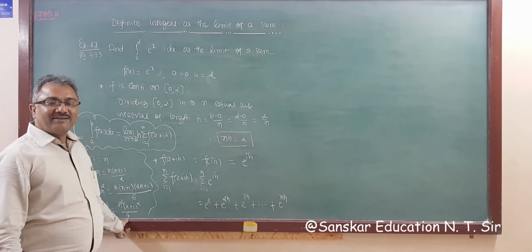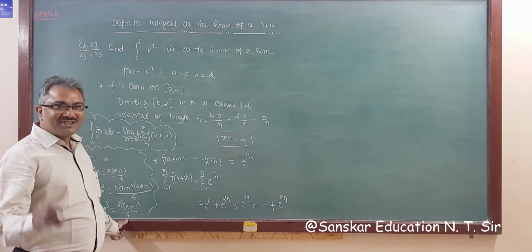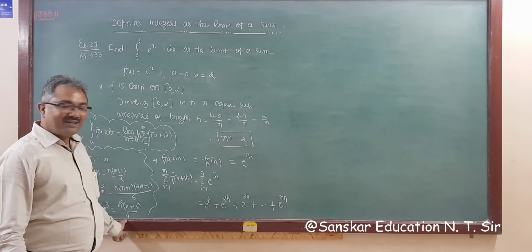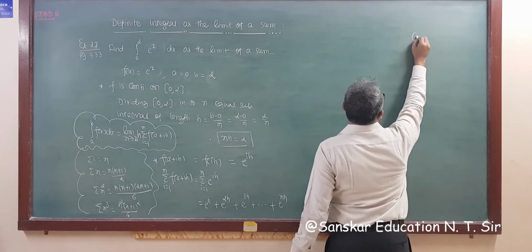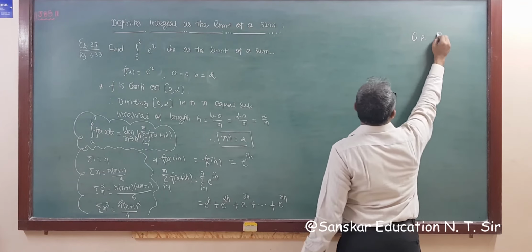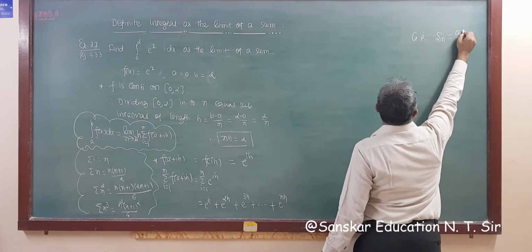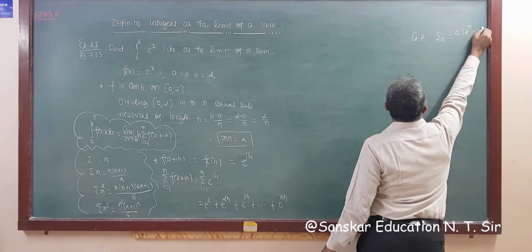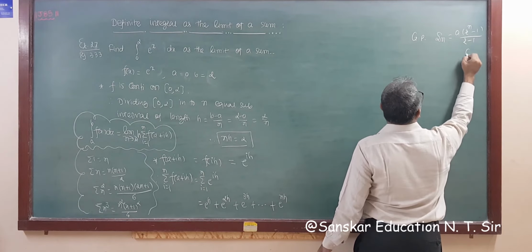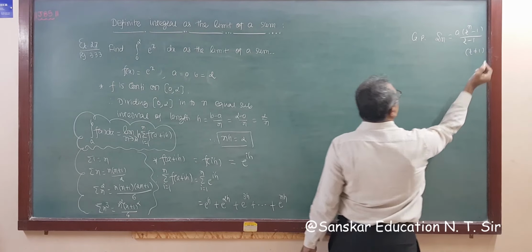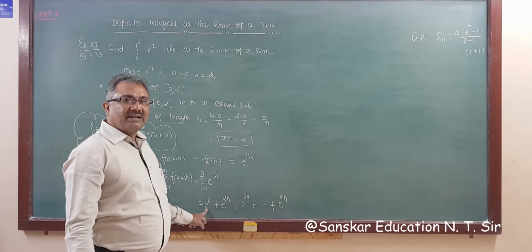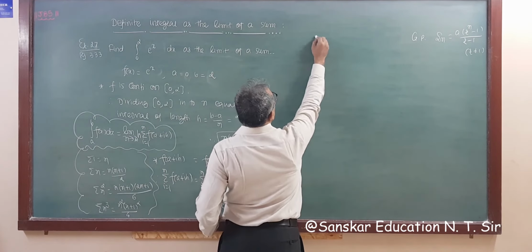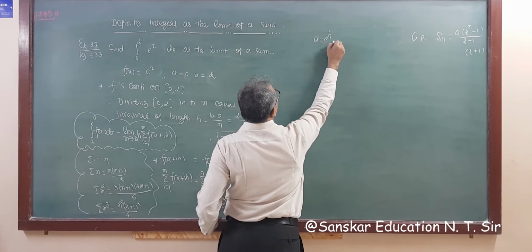What sequence is this, AP or GP? Exponential means always GP. So this is a GP, and for a GP, the sum Sn is equal to a (r raised to n minus 1) upon (r minus 1), where r is not equal to 1. This is a GP, right? So what is a? e raised to h. So a is equal to e raised to h.